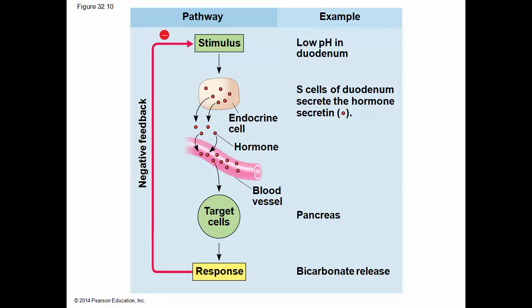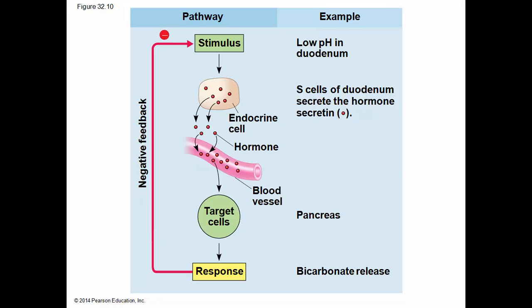Your duodenum is sensitive to low pH, so it needs to reach a more normalized pH, closer to 7. Usually the pH inside your stomach is like a pH of 2 to 4. So it's a pretty high hydrochloric acid content there. It needs to be reduced once it reaches the duodenum.